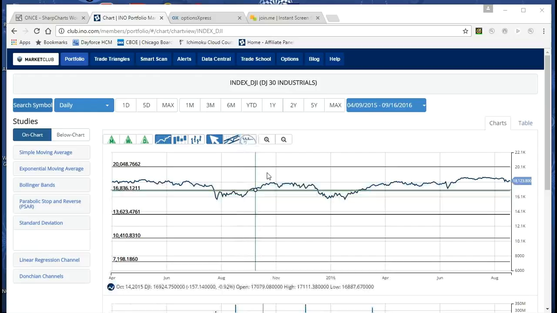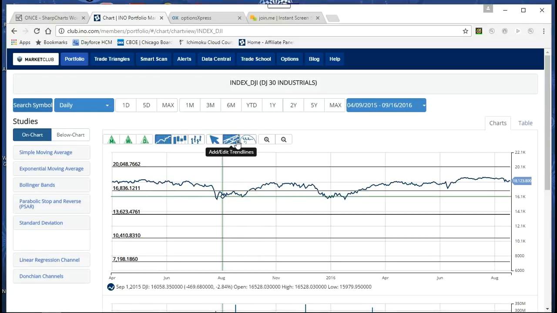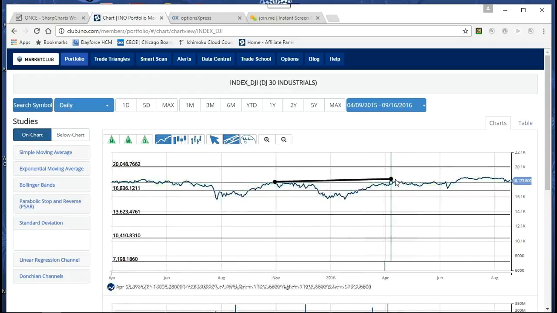I'm going to show you what the triangles do for you in a second. It also allows you to draw trend lines if you want to draw trend lines. So you can draw a couple of trend lines, let you know where stock is going, lets you know where support and resistance is.